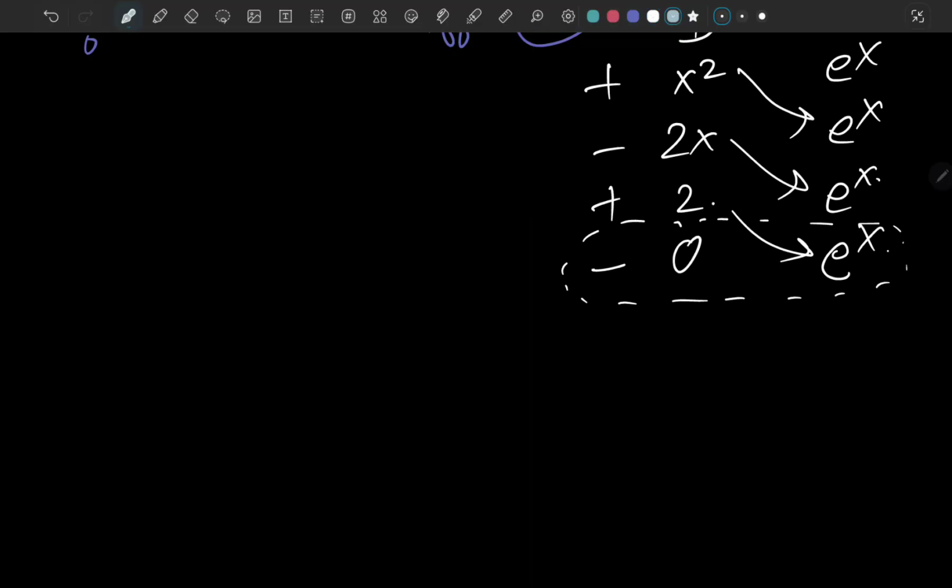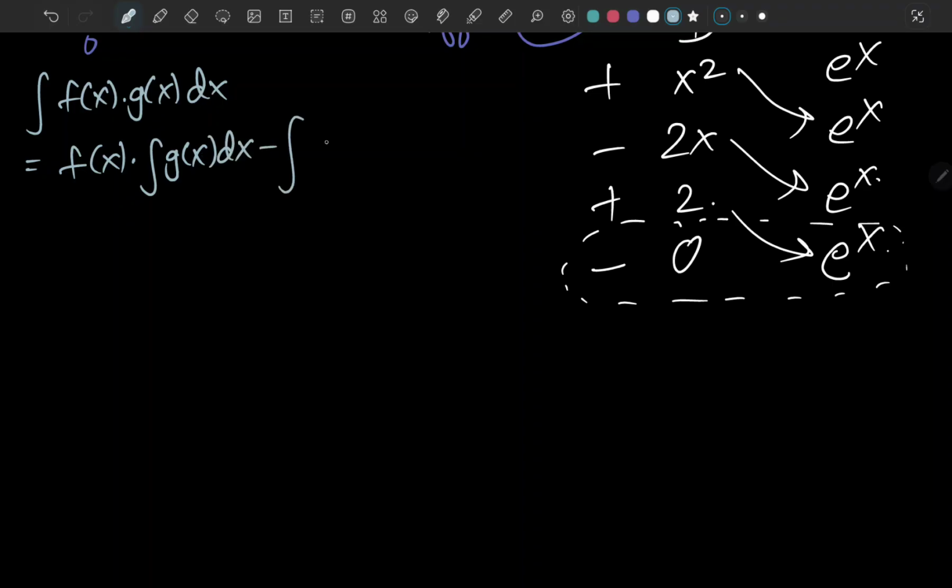There is another method that is printed in our NCERT textbooks, that says the integral of f of x times g of x dx is f of x times the integral of g of x dx, minus the integral of the derivative of f of x times the integral of g of x dx, with another dx outside.